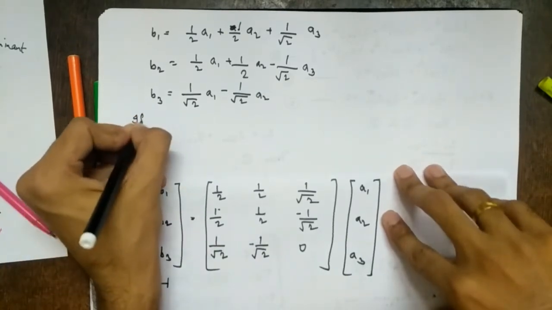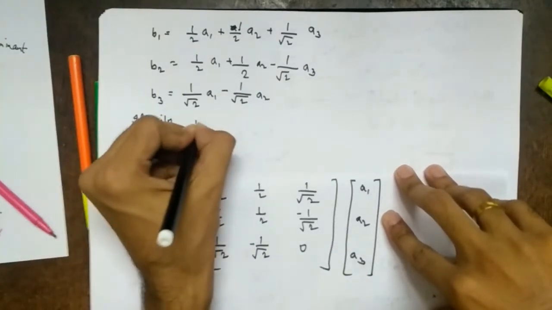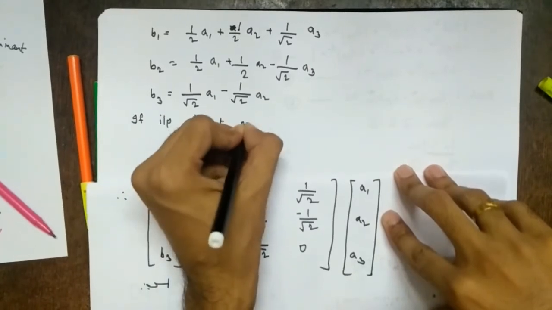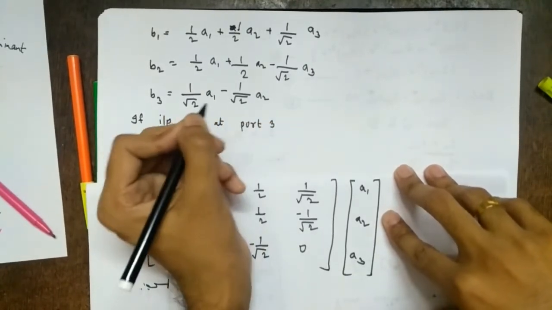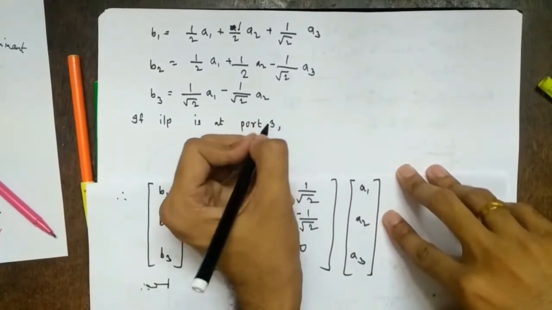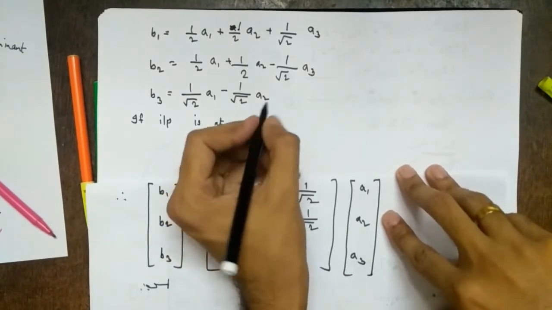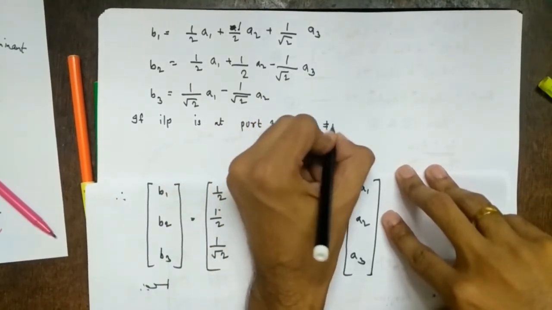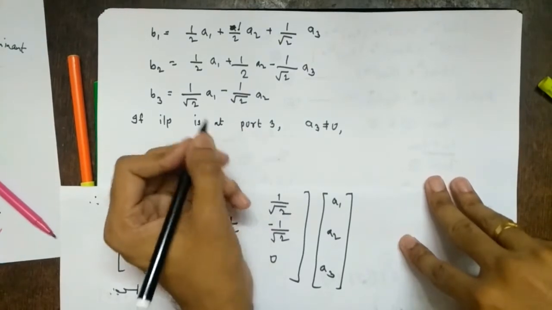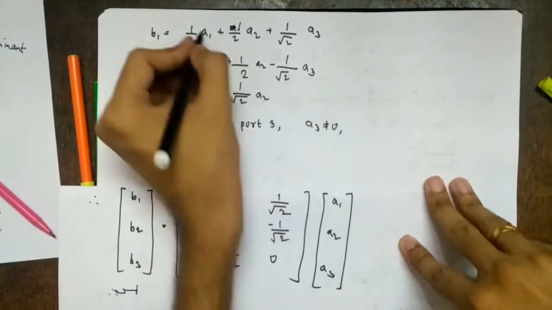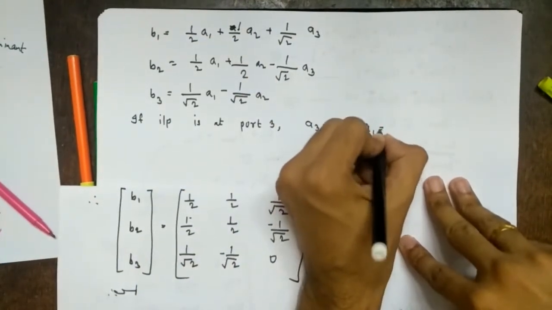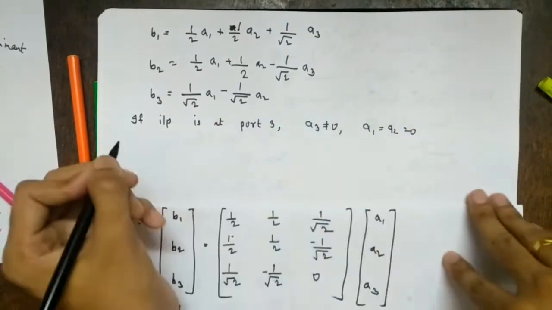Now we say if input is at port 3, what we can say? Input is given at port 3, right? Means A3 is not 0. But input is not given at port 1 and port 2. So this will indicate what? Incident wave A1 equal to A2 equal to 0, right?